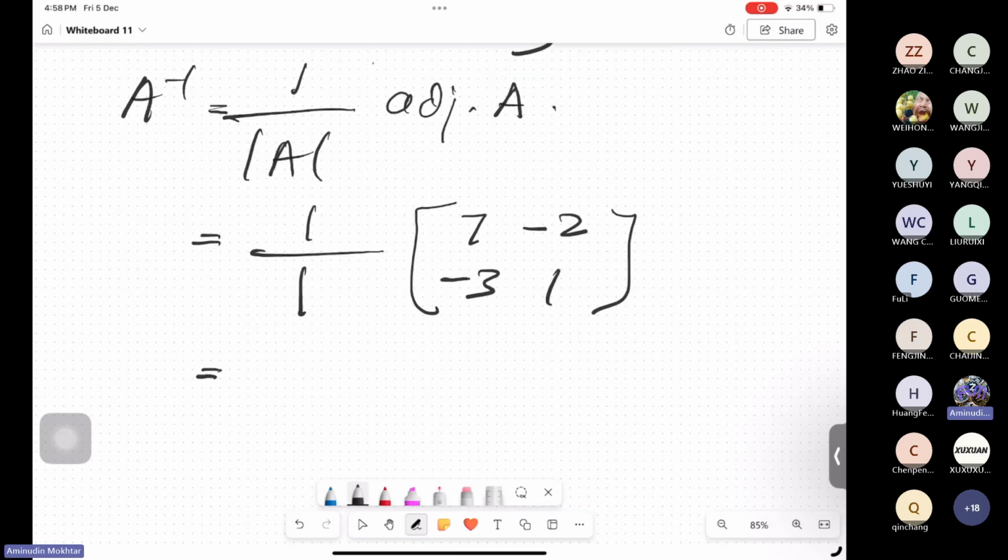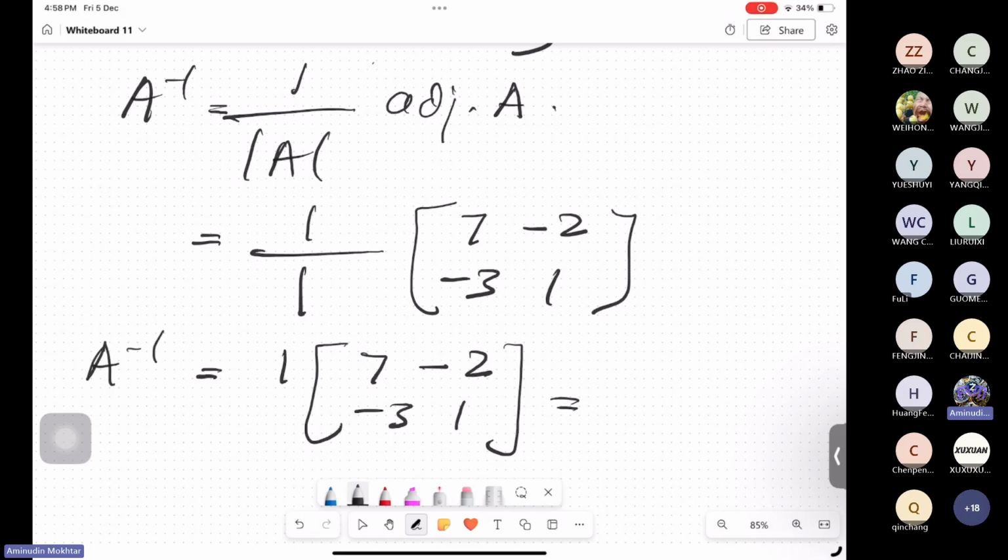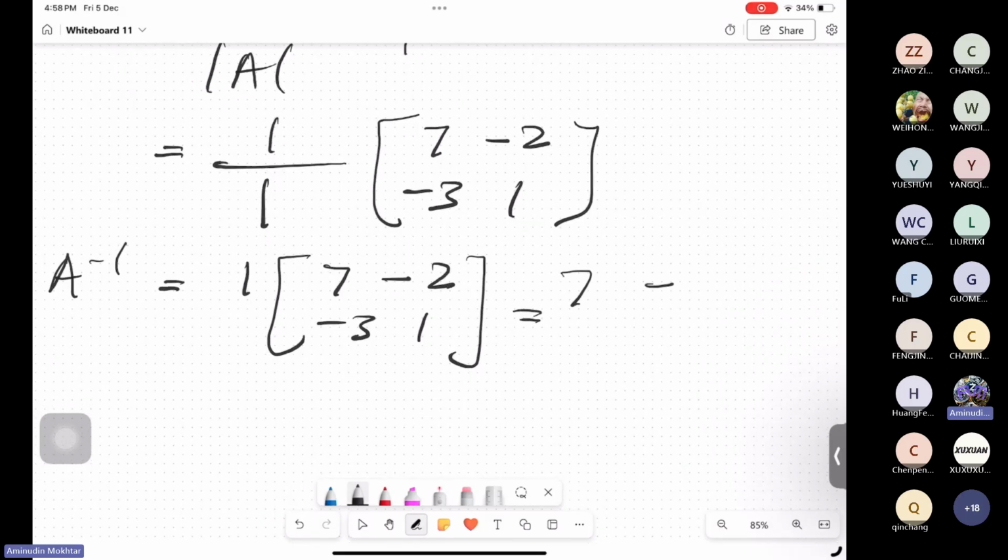So 1 divided by 1 is 1, times 7, -2, -3, 1. Any number times 1 equals its original number. So A inverse in this case is 7, -2, -3, 1.